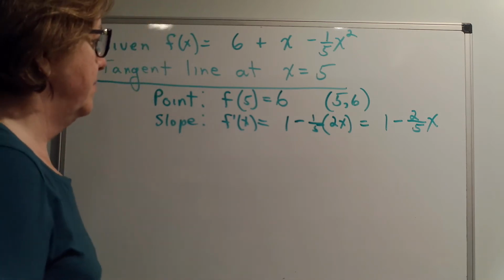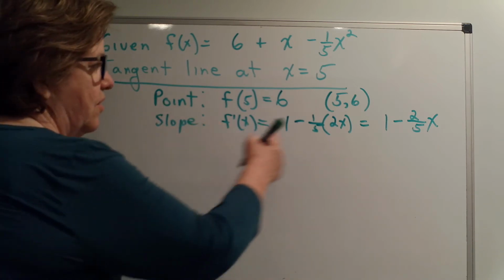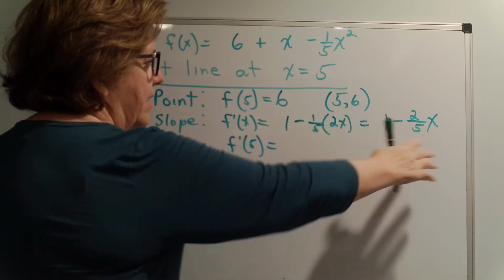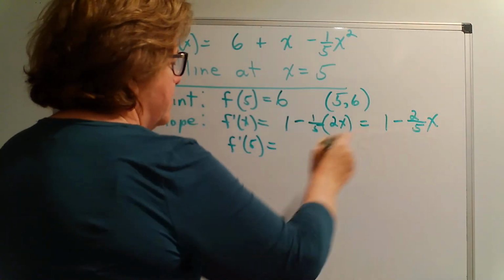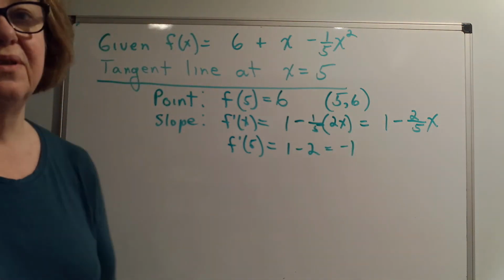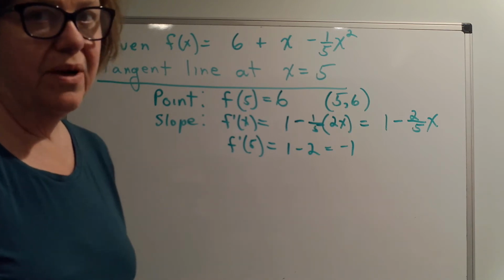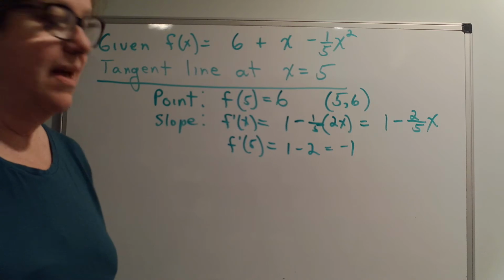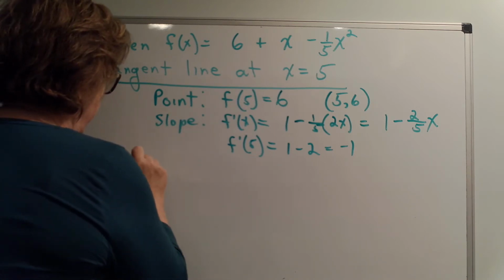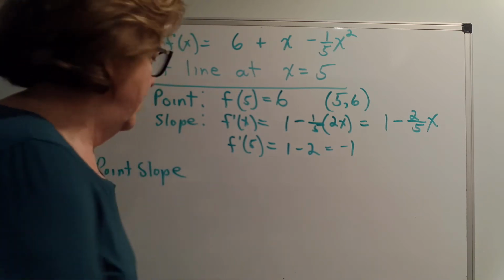Okay, so now we've got a point. Oh, we need the slope at x equal to 5. Okay, so at 5, the 5's would cancel and we'd have 1 minus 2. So we know our slope is negative 1. One way to get an equation for the line is the point slope form. A lot of you are using that form, and that's fine.